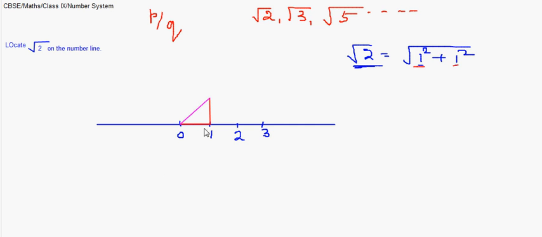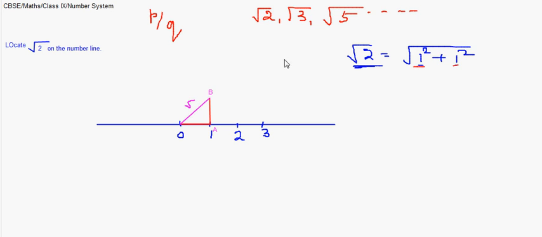Let me mark them: this as O, this be A, that be B. So we are representing OB as root 2, but that needs to be represented on the number line.